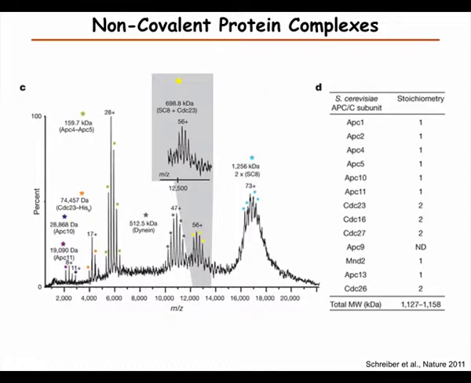So this is just one example here, from yeast, the APC subunit, and we can determine the stoichiometry this way, but not for all of them. Not APC9, we couldn't.